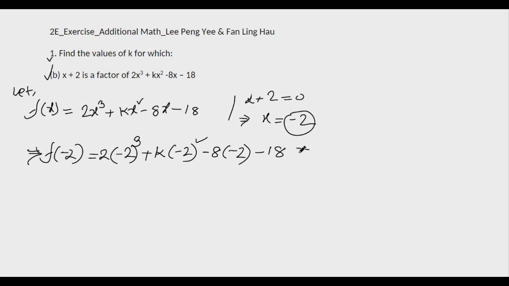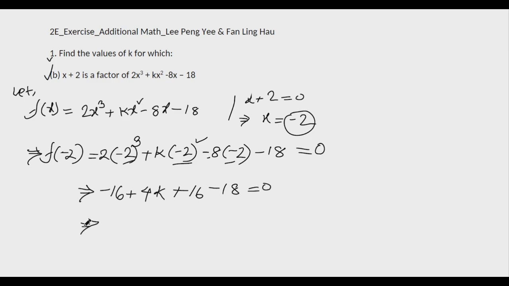And according to the remainder theorem, this expression must be 0. So if we solve this one, we will get minus 16, and from here we will get plus 4k, minus and minus will be plus 16, then minus 18 is equal to 0.